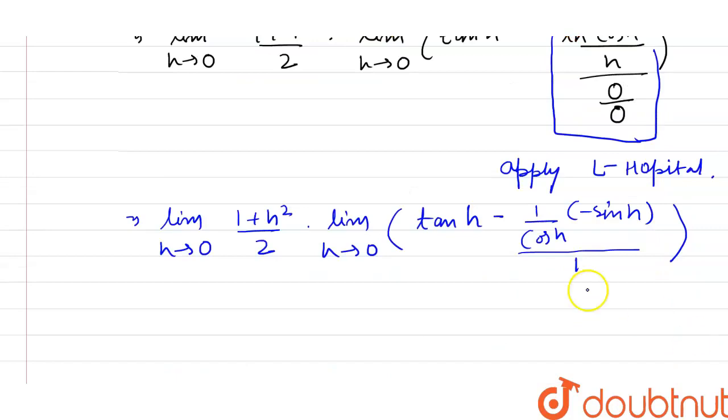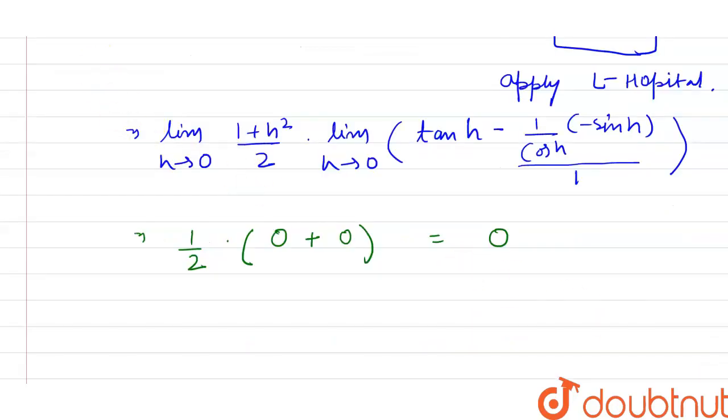Now if we apply the limits, with h is equal to 0, this is 1 by 2 into tan 0, which is equal to 0, plus, with the minus minus sign and sin h upon cos h being tan h, this is also 0. So this is equal to 0. So we get LHL is equal to 0.